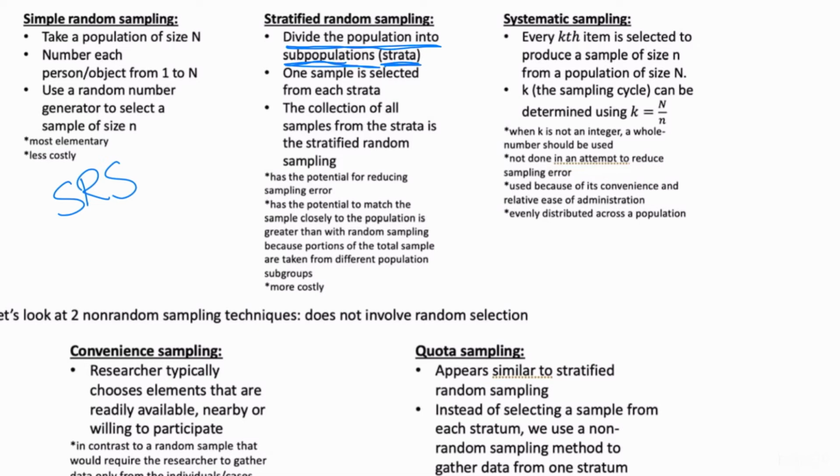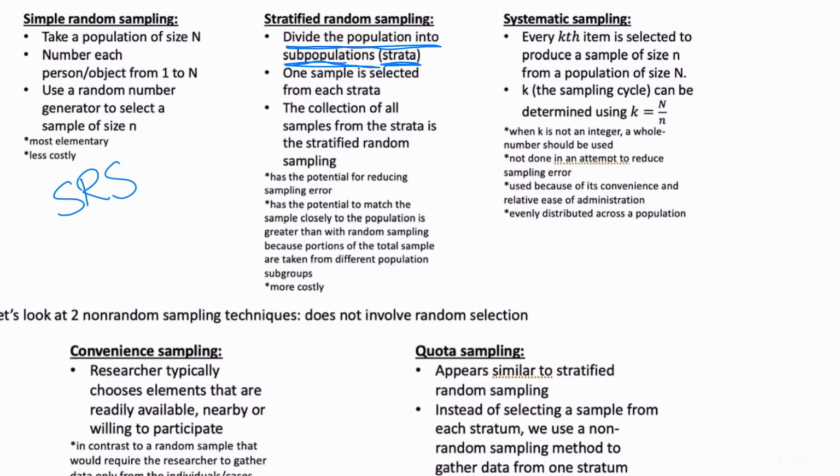So what happens in a stratified random sampling is that first I'm going to divide the population by, let's say, grade level. So if I'm going to pick 80 students total, it would have to be 20 who are freshmen, 20 who are sophomores, 20 juniors, and 20 seniors, okay?